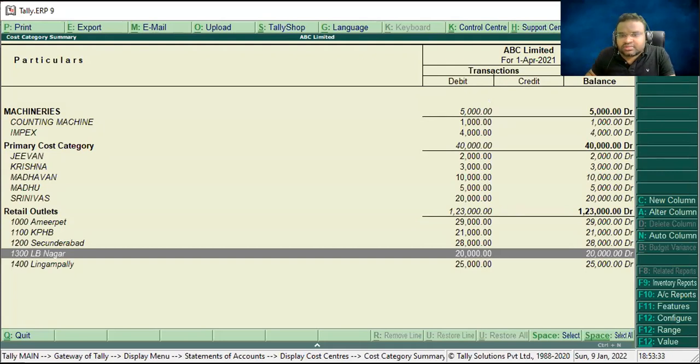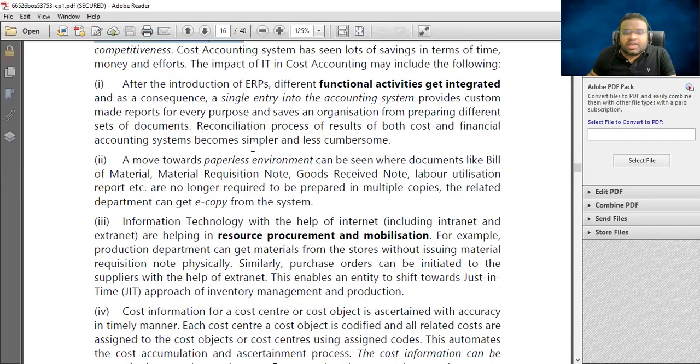Right? A move towards a paperless environment can be seen, where documents like bill of material, requisitions, everything is posted. I'll tell you a simple example of how payment processing in organizations happens. When a bill comes, the bill will be scanned and sent to a centralized process center.